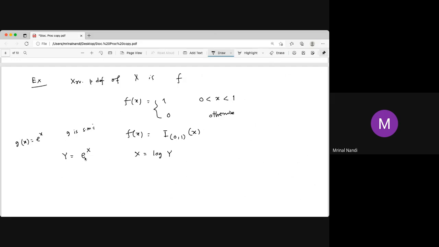Now remember that y must be positive to define that log. Now what is the density function, the PDF of y? Say the PDF of y is h. So what is h(y)?